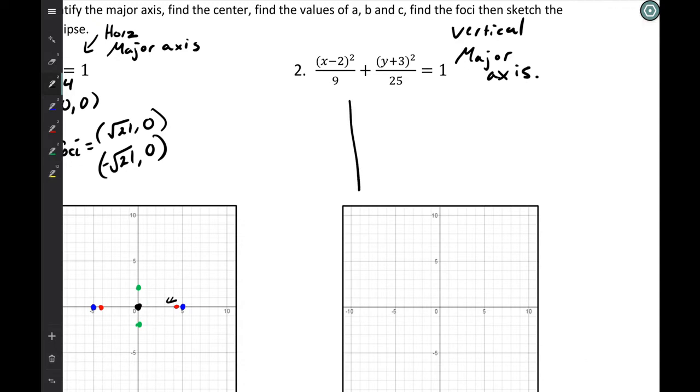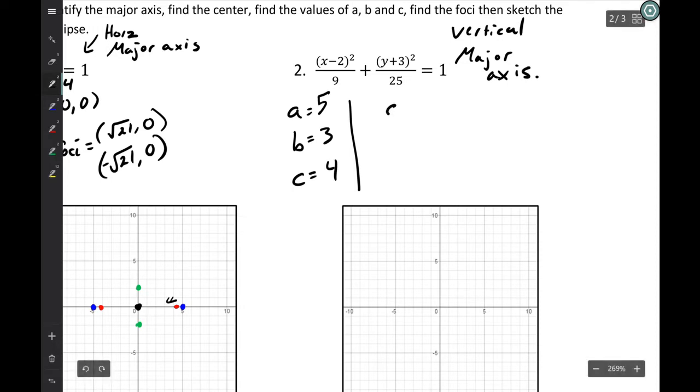Find A, B, and C. A is always the bigger number, so it's square root of 25, which is 5. And then B is the square root of the smaller number, which is 3. And then C is going to be A squared minus B squared. Well, 25 minus 9 is equal to 16, and the square root of 16 is 4, so C is 4.